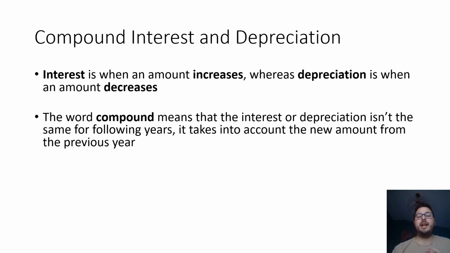Now the word compound means that the interest or depreciation isn't the same for following years. So there's been a previous video on simple interest, when you get a certain percent of interest in the first year and it's exactly the same every year. But compound interest takes into account the new amount every year when you get the interest.